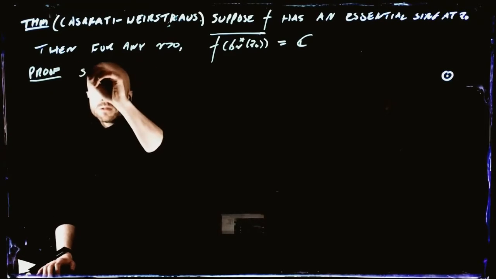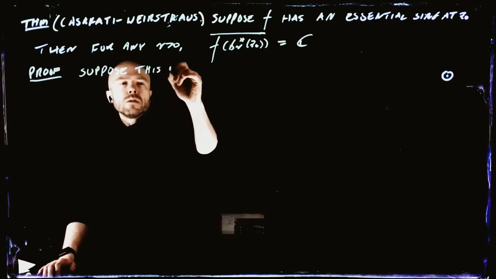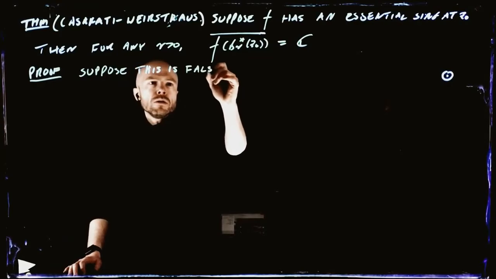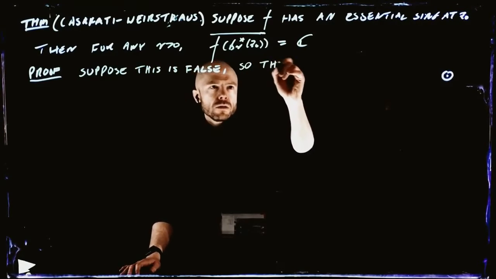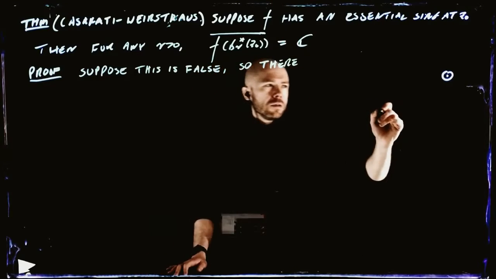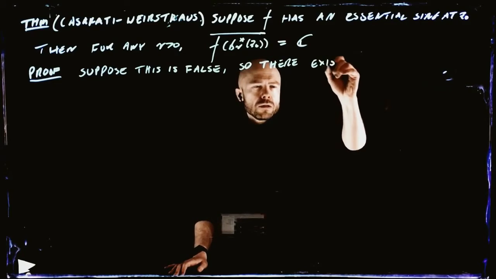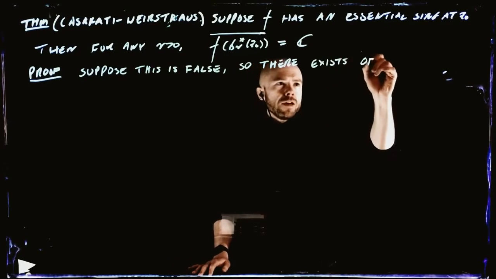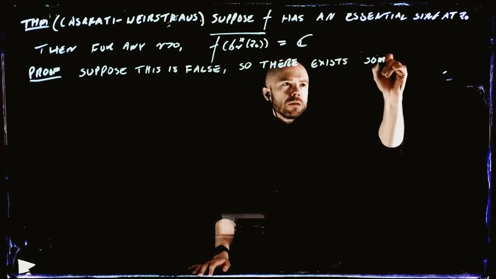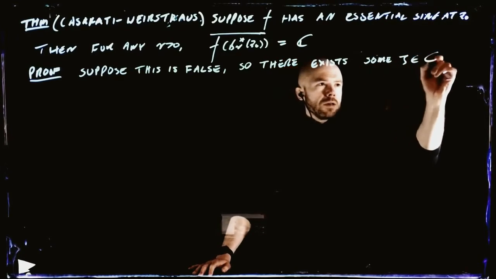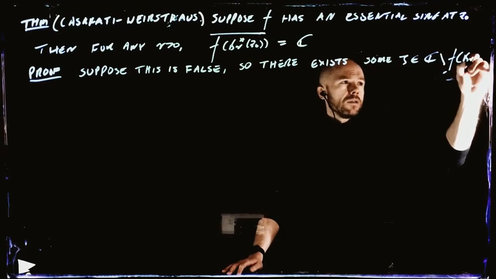So, proof. Suppose this is false. So there exists some zeta belonging to the complex numbers, take away the closure of this thing.